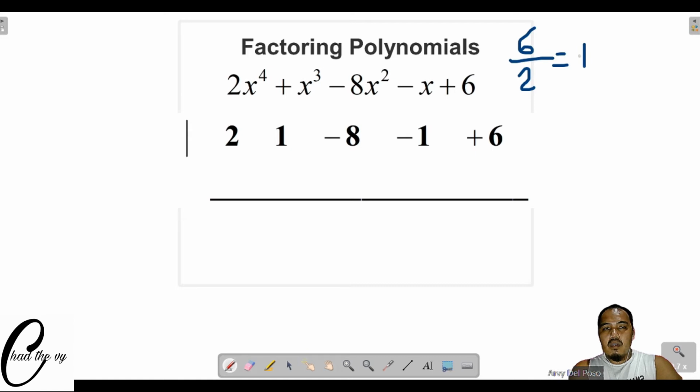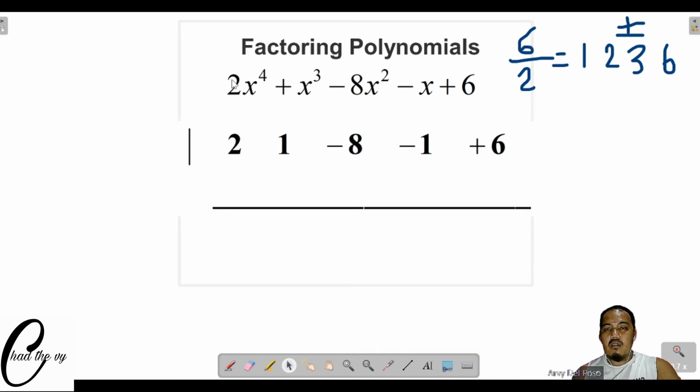So, syempre, 1, 2, ano pa ba? 3, and 6. Tama? Kasi 2 times 3, 6. 1 times 6. And sa 2 naman, 1 times 2. Yun lang naman. 3 times 2. So, 1, 2, 3, 6 ay positive or negative. Okay, then start tayo.